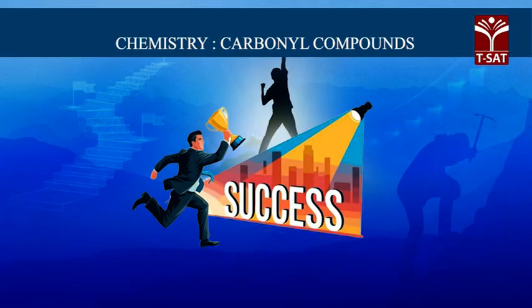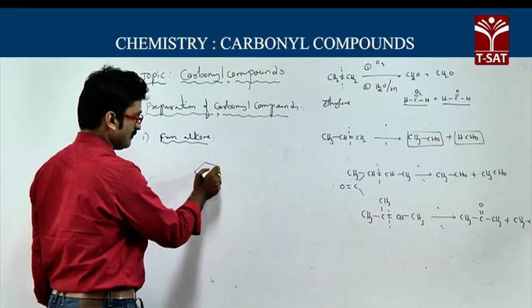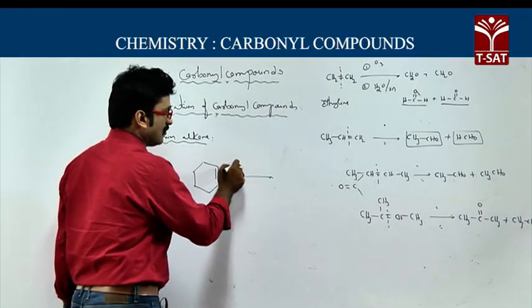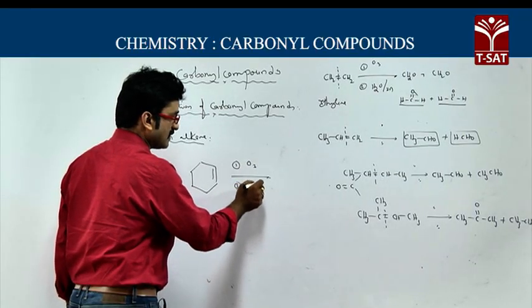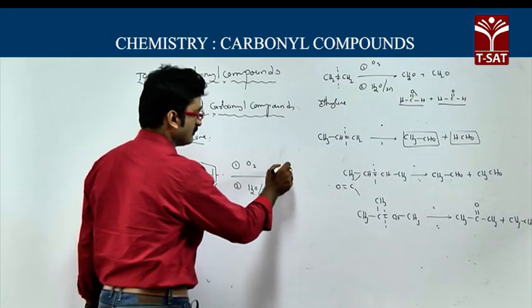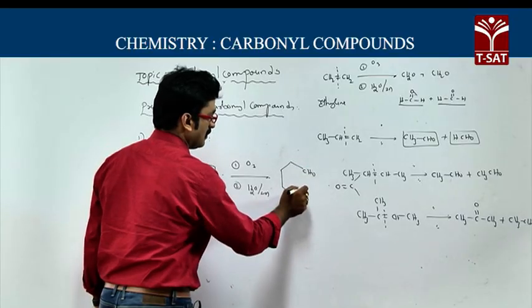Say I have taken this compound, double bond is there, cyclohexene. This cyclohexene on ozonolysis, hydrolysis in the presence of zinc. Here you have to break this bond. You will get CHO, CHO.